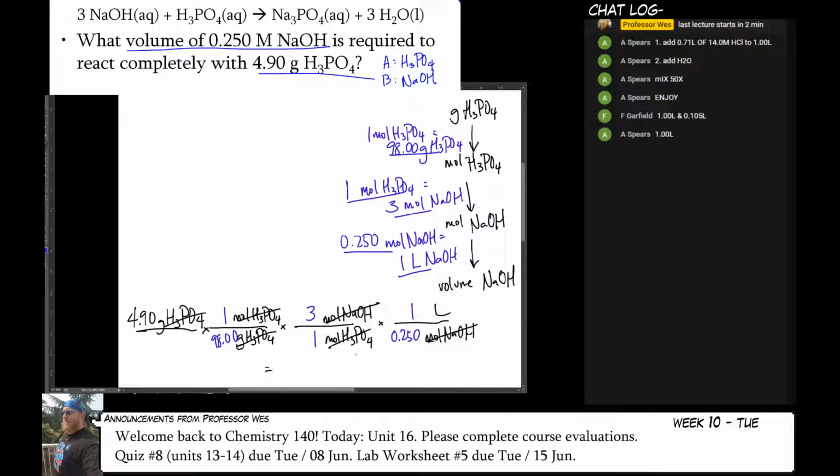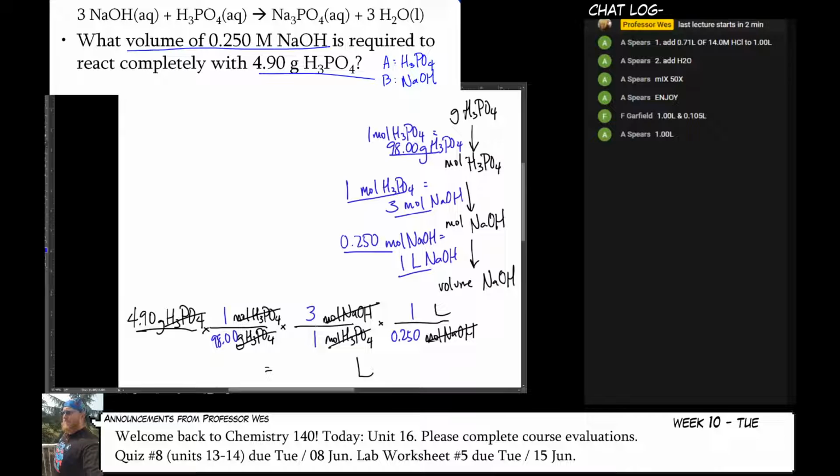And then we'll just calculate the whole answer, and I will get a volume of sodium hydroxide. 4.90 times 1 times 3 times 1 divided by parentheses 98 times 1 times 0.250. You don't have to put in the times 1s, I just say them.